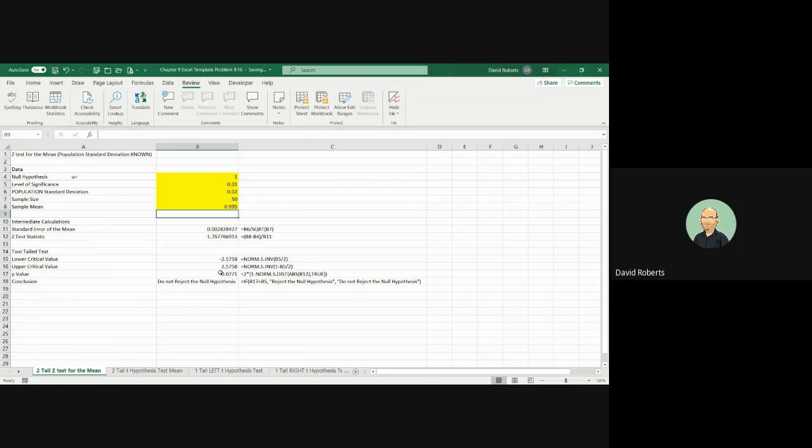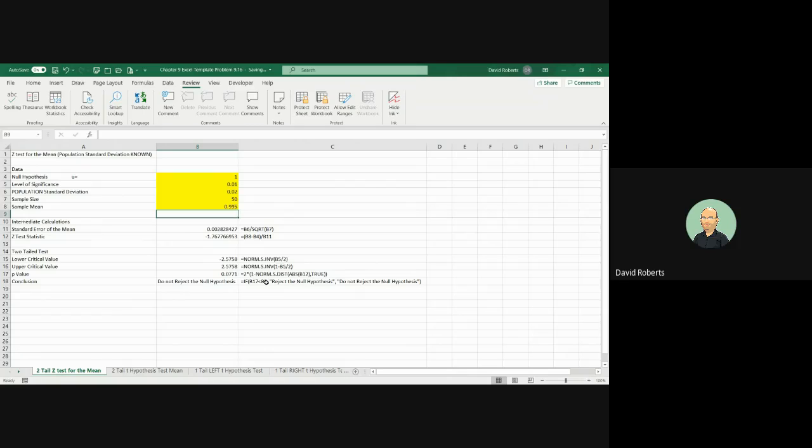It wasn't easily available, but with Excel and other forms of technology, you can see the statement here in cell C17, and the fact that the normal standard distribution is built into Excel, then you can see that calculating the p-value is not a big deal.